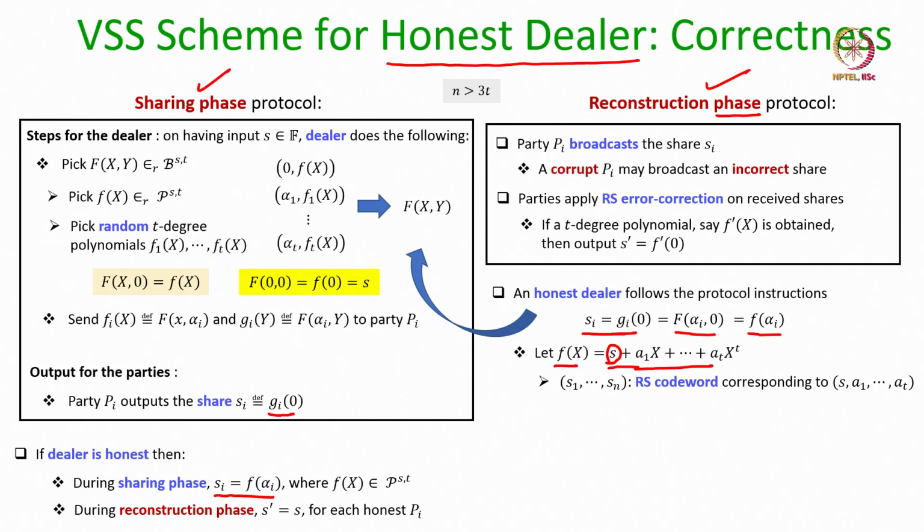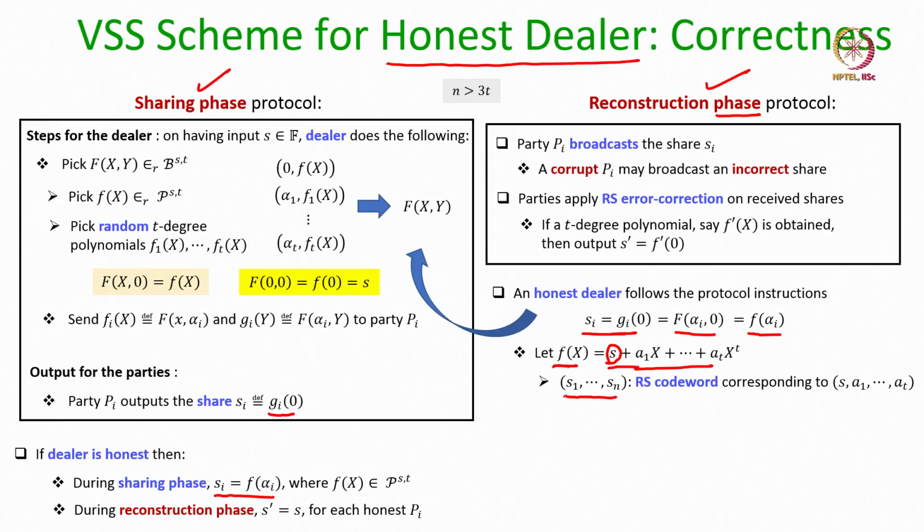Okay. So, if the f of x polynomial has these coefficients, then what can we say about the vector of shares S1 to Sn held by the parties P1 to Pn, where the entire vector is not held by any single party, the ith component is held by the ith party?